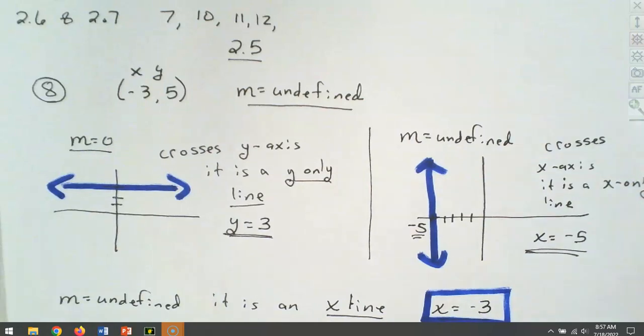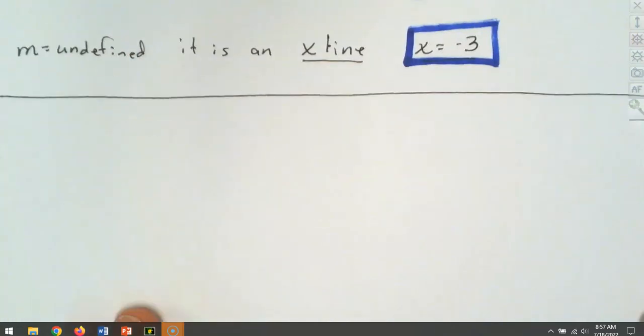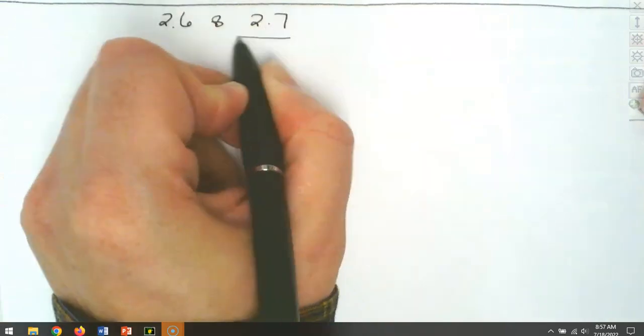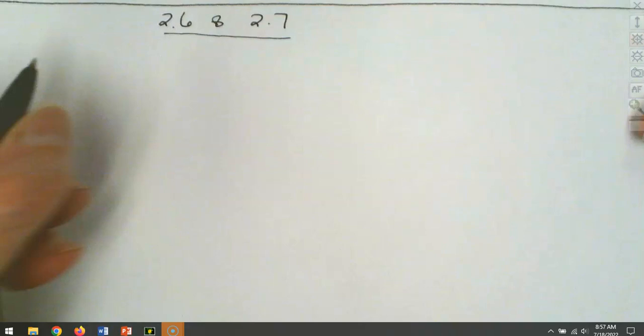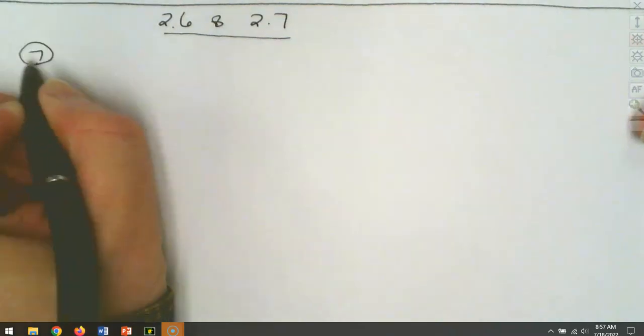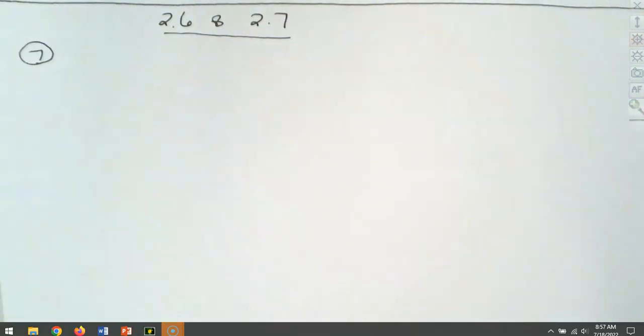Okay, then we'll go ahead and finish these. So let's now go ahead and look at some of these. 2.6 and 2.7, we combine them together because they're such short sections. Question 7. And these are going to be graphing non-linear functions. So we're going to start with question 7.